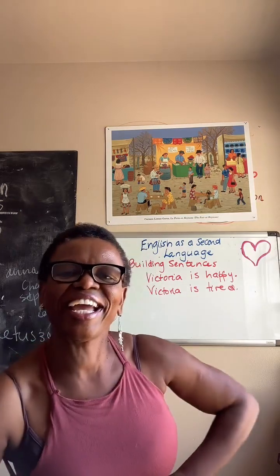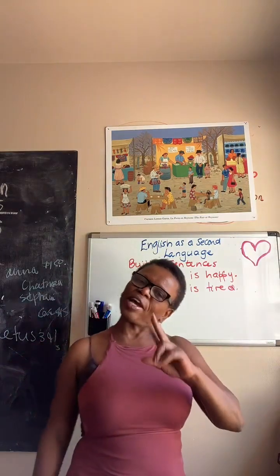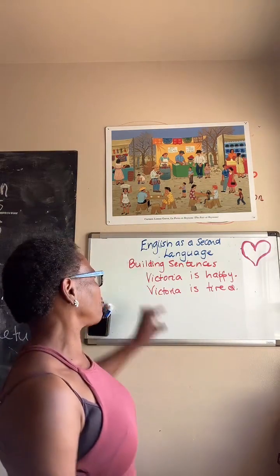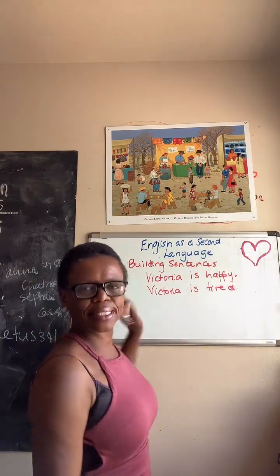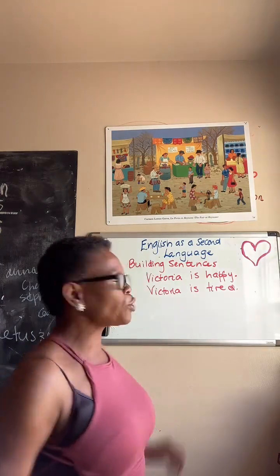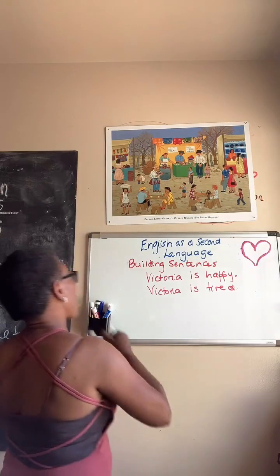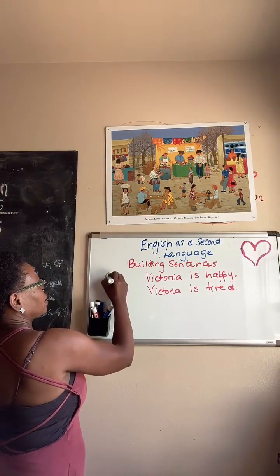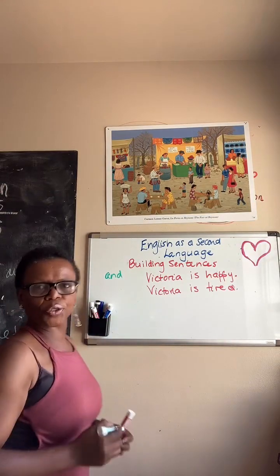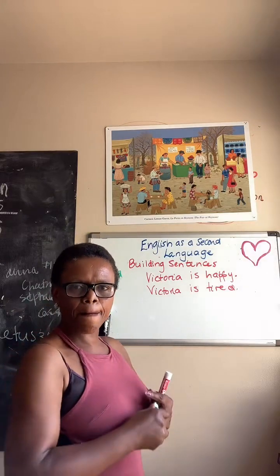Okay, the other day we learned a special way of joining these sentences. Do you remember how to use and to join the sentences? How can you use and to join these sentences?